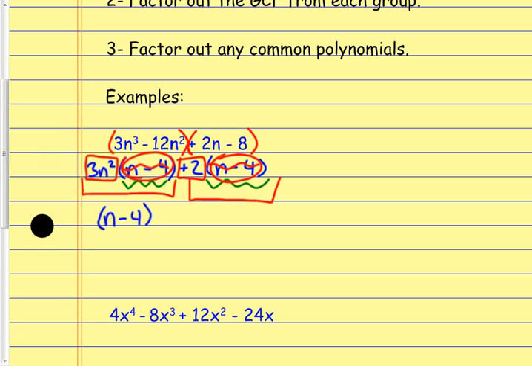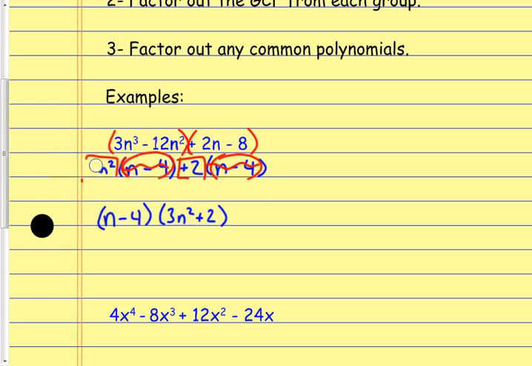So my other factor here is the 3n squared plus 2. Okay? So what I've done is take that polynomial, set it off to the side, and by covering it up, by getting rid of that polynomial from each of those groups, I can see that I'm left with the 3n squared plus 2. That's factoring by grouping. That's how it works.